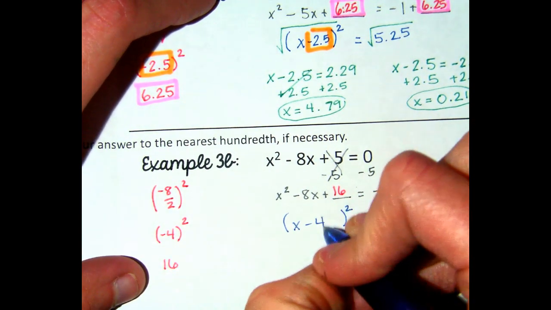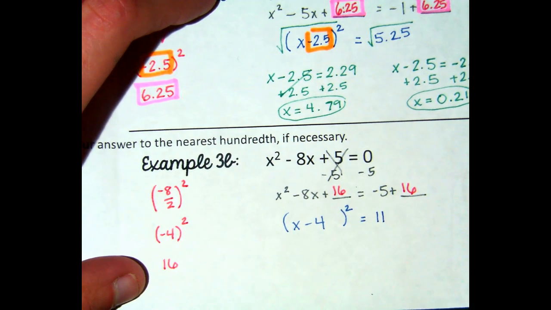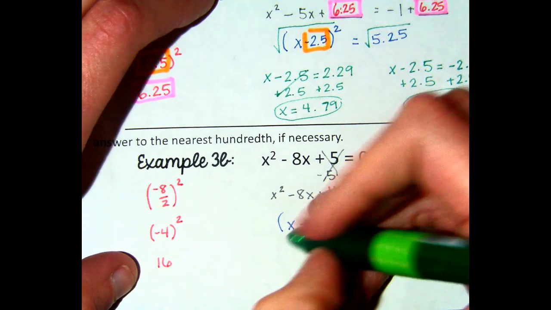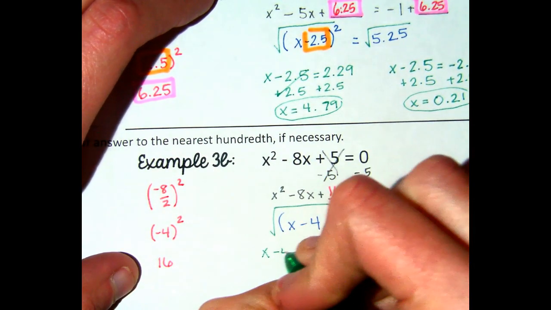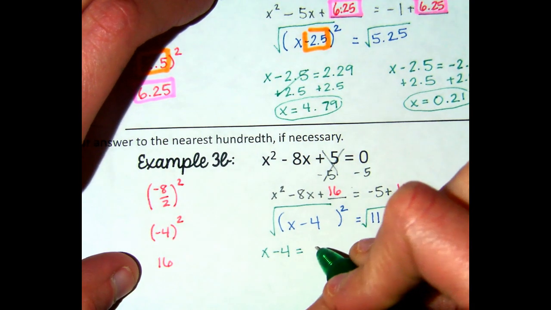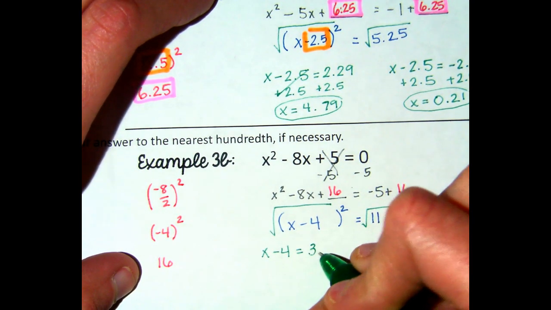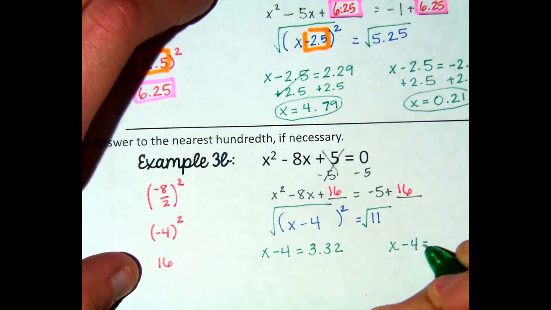X minus 4 squared equals 11. Now what? Square root. X minus 4 equals, what's the square root of 11? 3.32. X minus 4 equals negative 3.32.